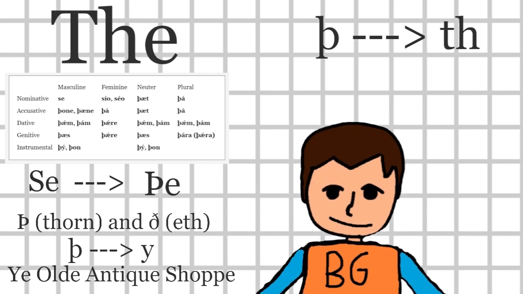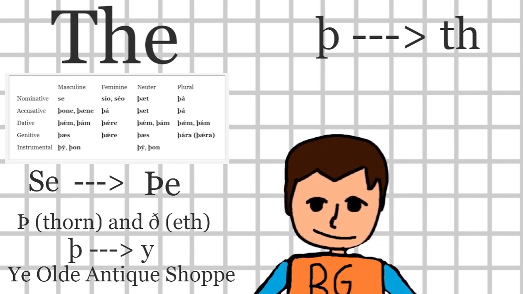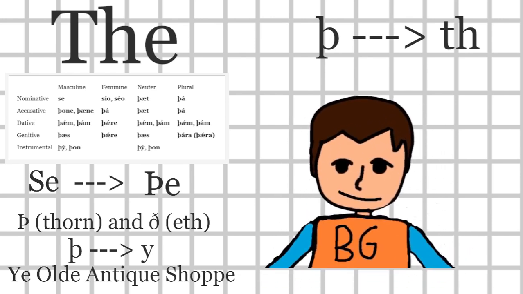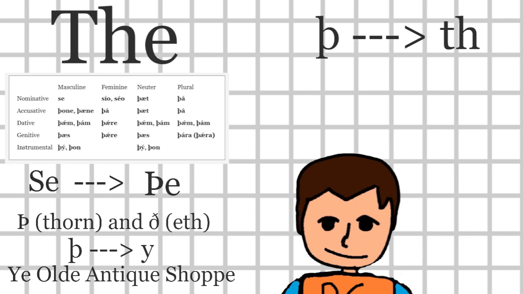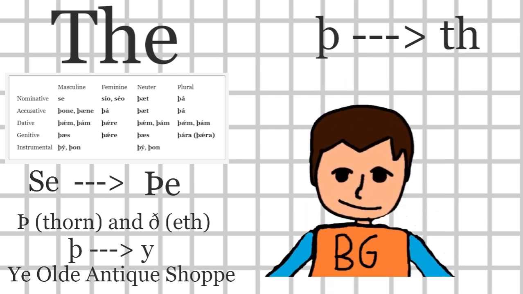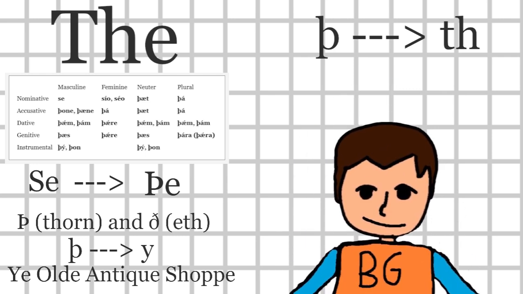And thorn, as well as eth, because you can't really take thorn and not use eth. I get why eth was replaced, because it looks too much like a D, and its capitalized form looked even more like a D because it was basically a capitalized D with a line. So yeah, it makes sense.